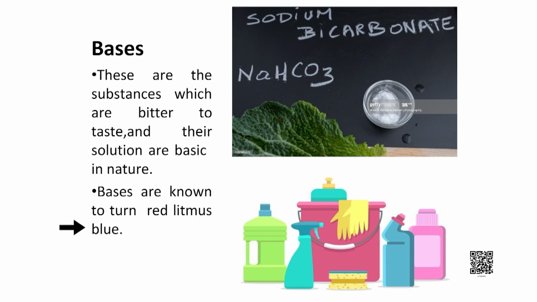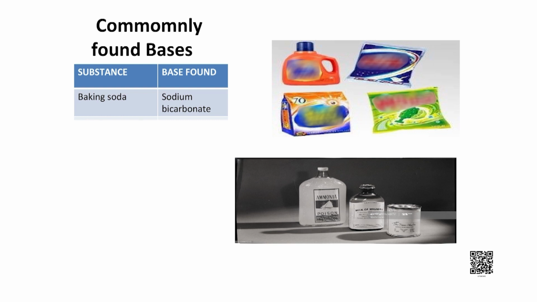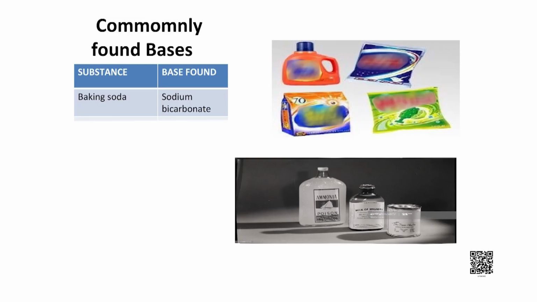Now, what are the commonly found bases which we are using in daily life? The first is baking soda. What is the name of this base? That is sodium bicarbonate. Children, this is a naturally occurring base. In what other way are we using it? In baking cakes, there also we are using baking soda.